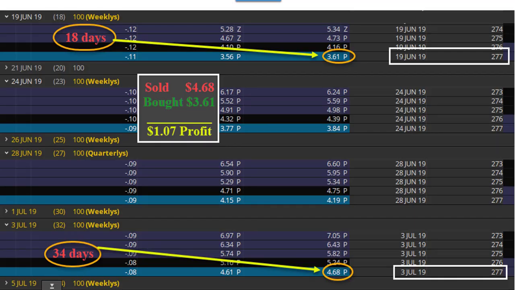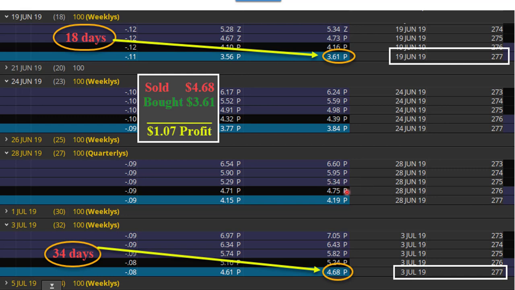So here's an example of strike price shift. Okay, if we only looked at the value of the option, if I was to buy a 276 and the market went up $1, what could I sell it back to the marketplace for? I could sell it for $5.34.